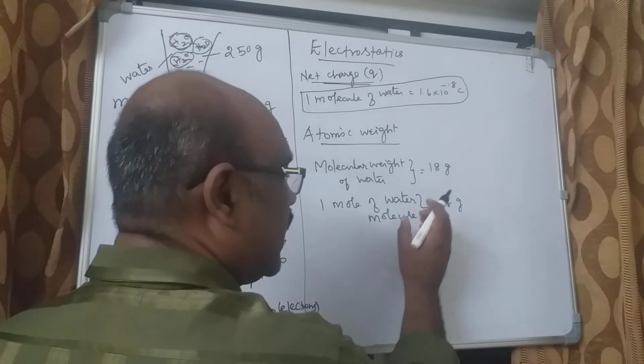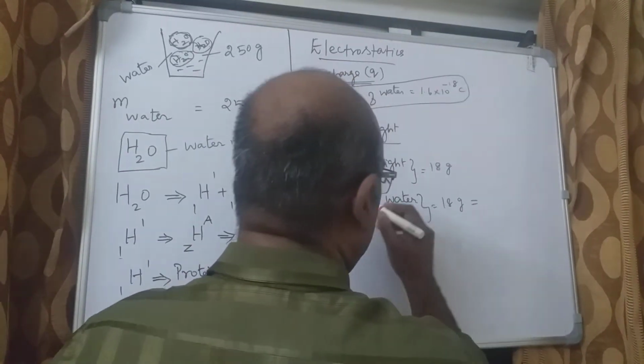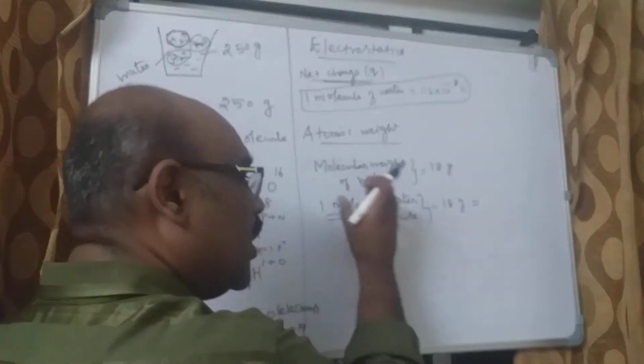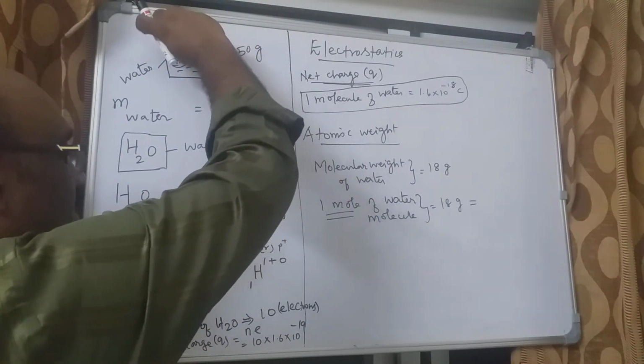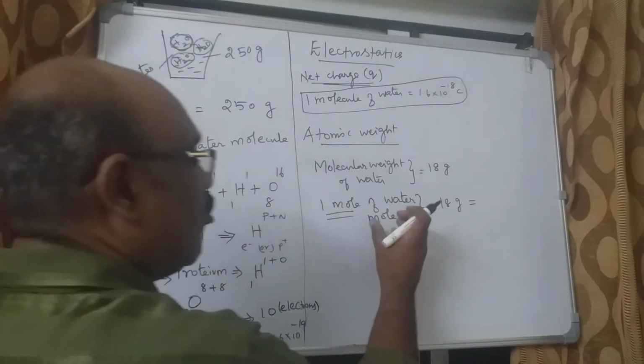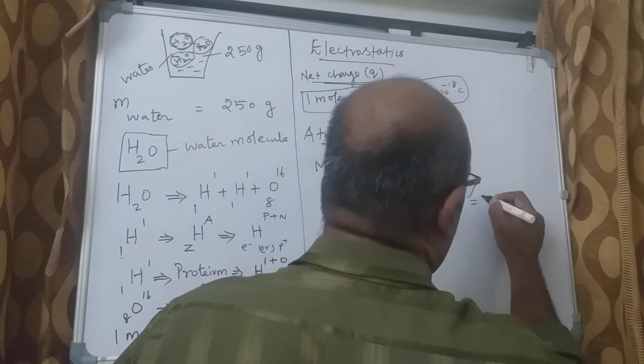If we want to convert this mole to molecules, how many molecules are present in this 1 mole of water? That is nothing but the Avogadro number.